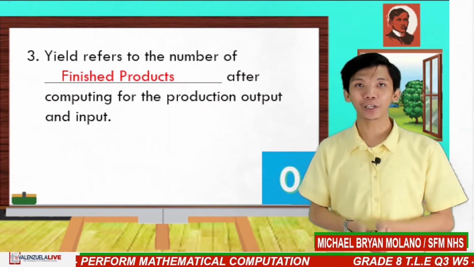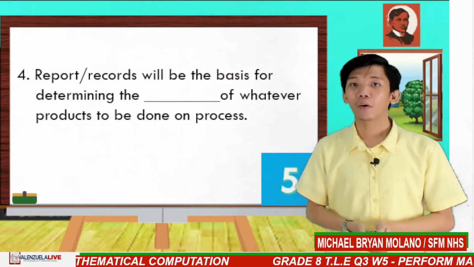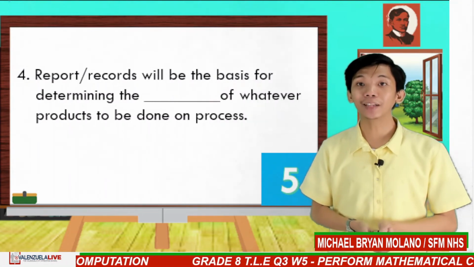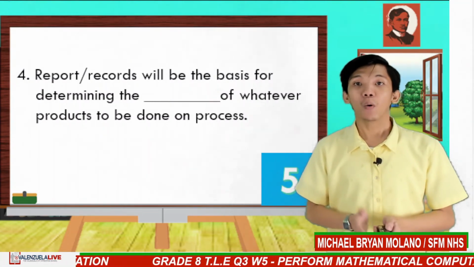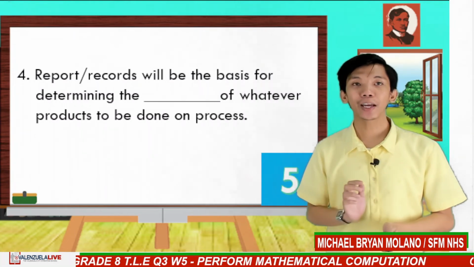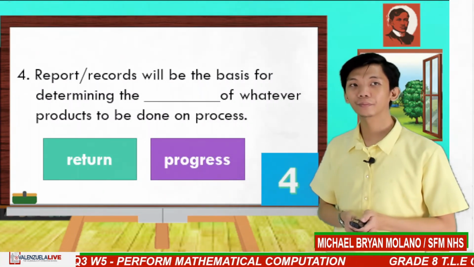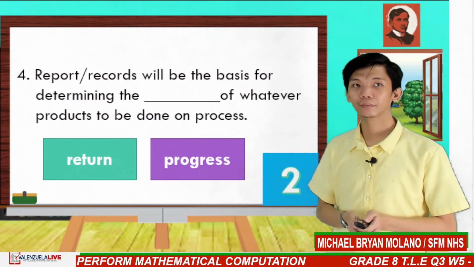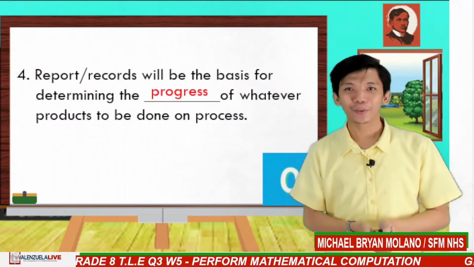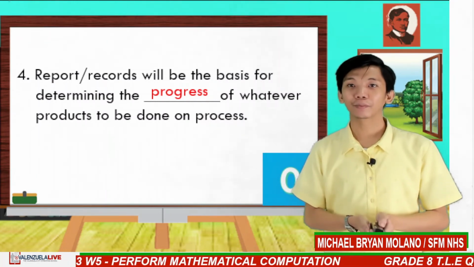For number 4, report or records will be the basis for determining the blank of whatever products to be done on process. Your timer starts now. Time's up. If your answer is progress, amazing.